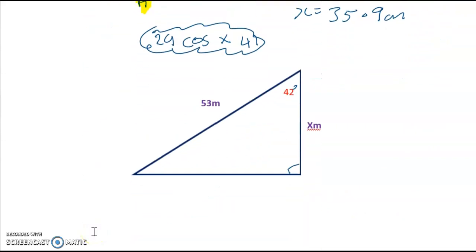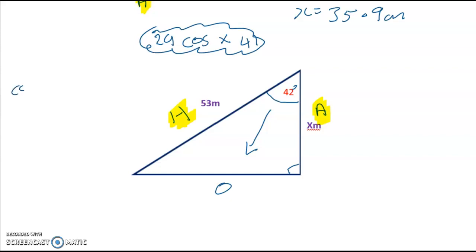This time, our angle is up here. Remember, it doesn't matter. When you name your sides, hypotenuse is across from the right angle, opposite is opposite your angle, and that leaves you your adjacent beside. So again, we need to use the cosine ratio because we have the hypotenuse and it's the adjacent that we are calculating.